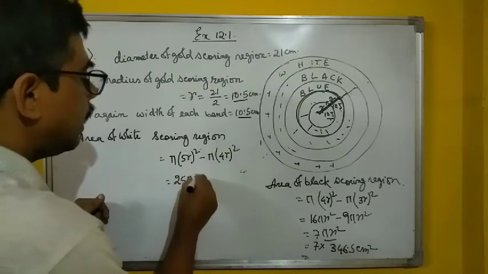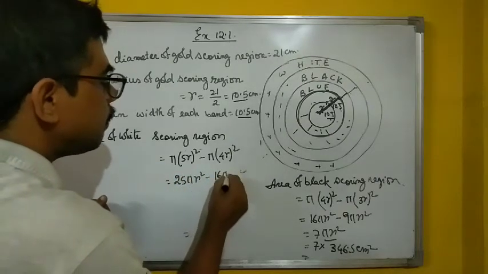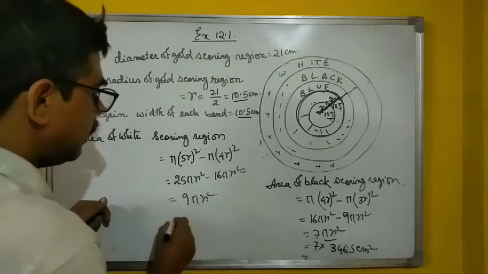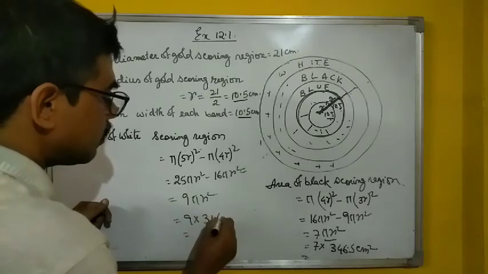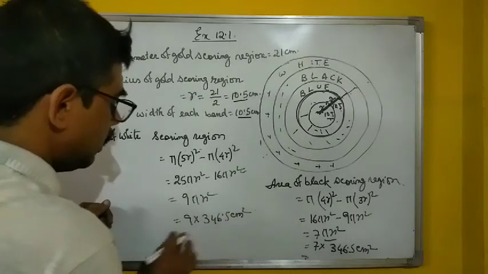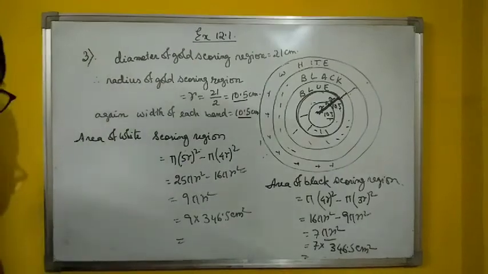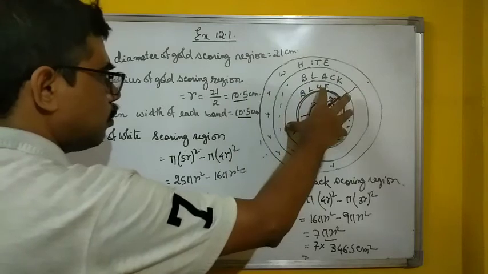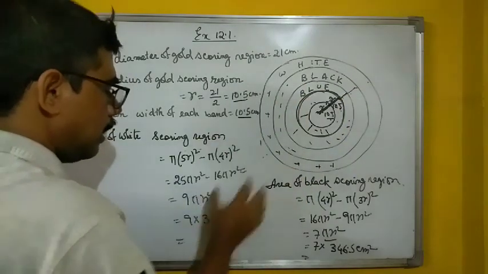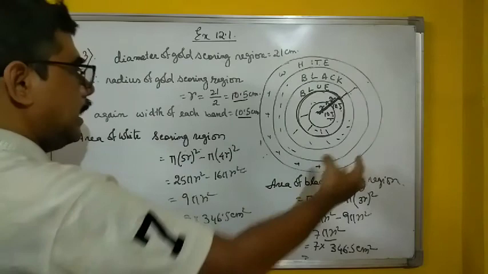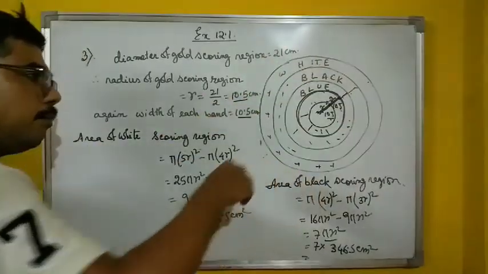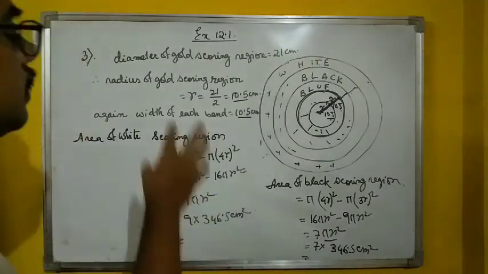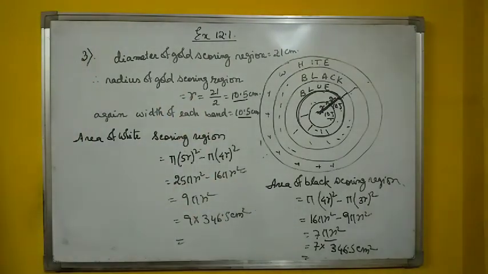So it is 25 pi R square minus 16 pi R square. Definitely it will be 9 pi R square. You see, 7 and 9. So 9 into 346.5 centimeter square gives you the easy answer. Otherwise, if you find the gold, blue, and red scoring regions separately, it will take a very long time and long calculation. So this process is the easy process; complete it.